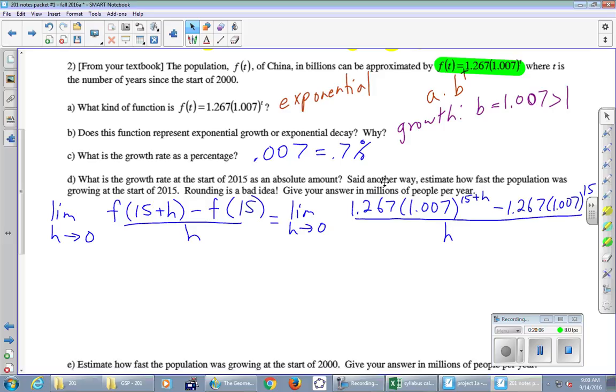Okay, this is a limit. Every time I see a brand new limit, I just try plugging the thing in. So in this case, I'm changing h to what number? 0, and just see what happens.